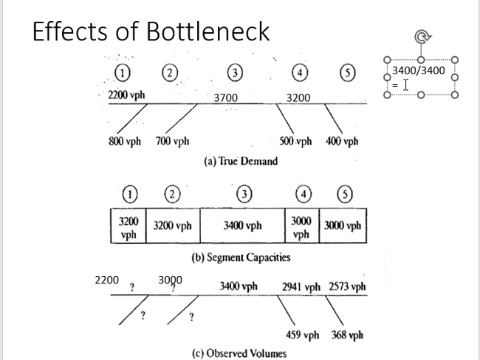Do this, 1 upon this. So you are allowing 3,400 and the actual is 3,700. You are allowing 0.92. So that next ramp will have 0.92 of its demand, irrespective of the capacity, irrespective of the volume. This is a network effect.